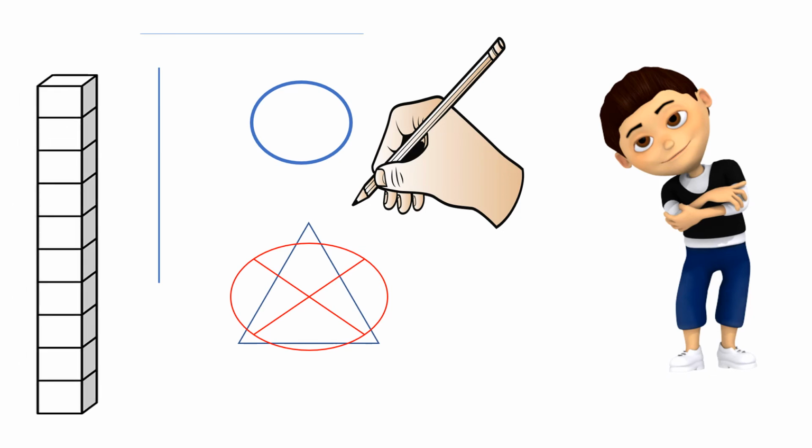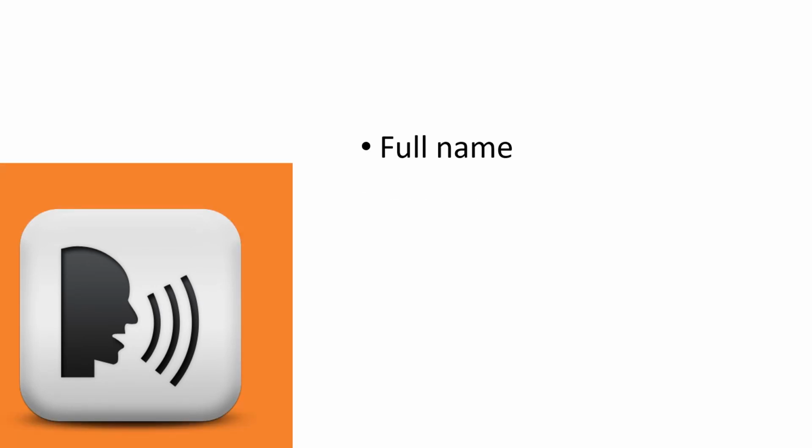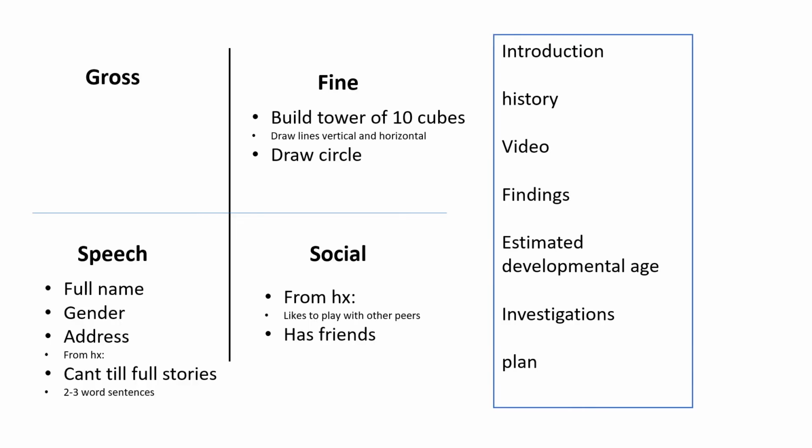Plus, he could build a tower of 10 cubes. Moreover, in the speech, he could say his full name, his gender and the address.